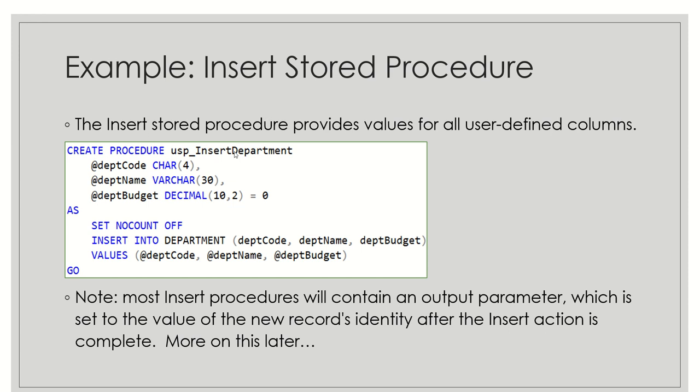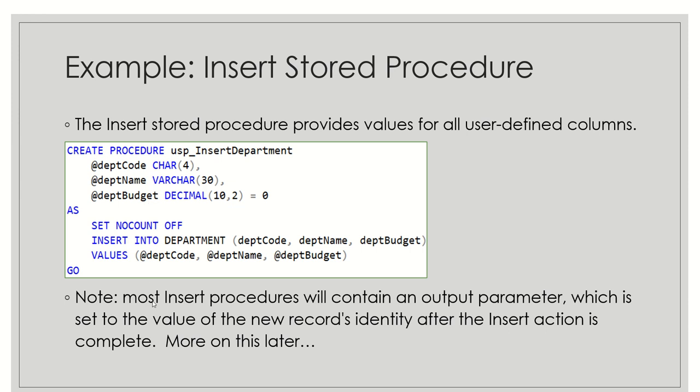Now, because the department table is a little bit unique in that it doesn't have an integer identity as the primary key, the insert procedure for departments deviates as well from the recipe that we usually use. So for inserting departments, because the user provides values for all three, we need to take input parameters for department code, department name, and department budget.